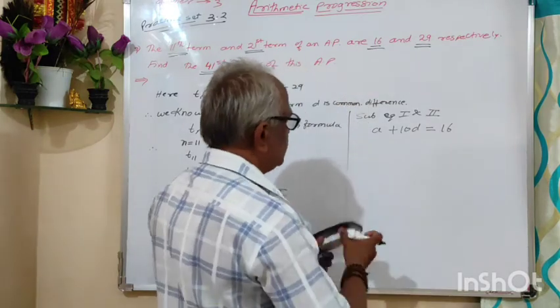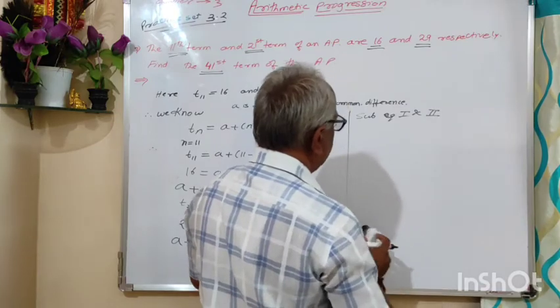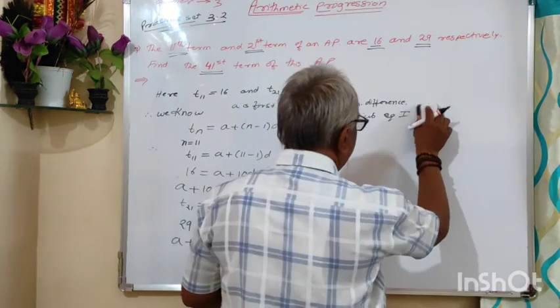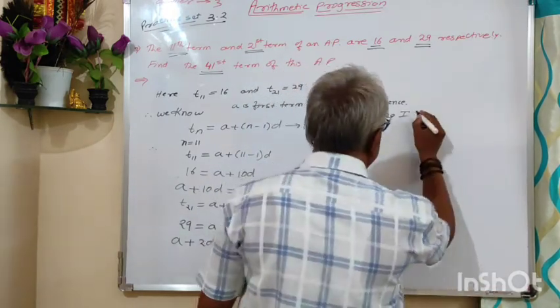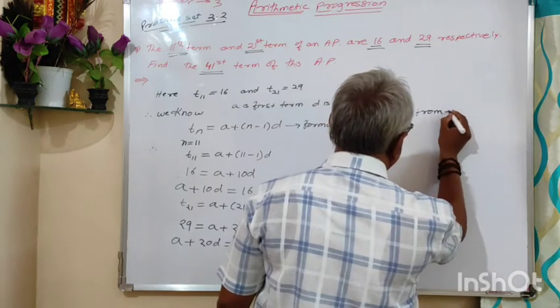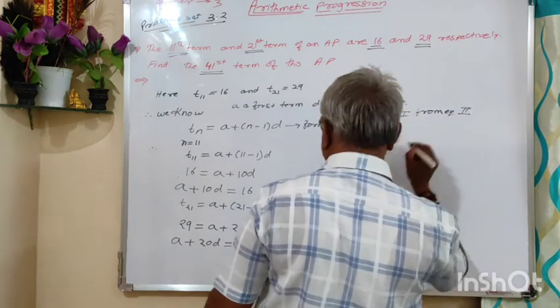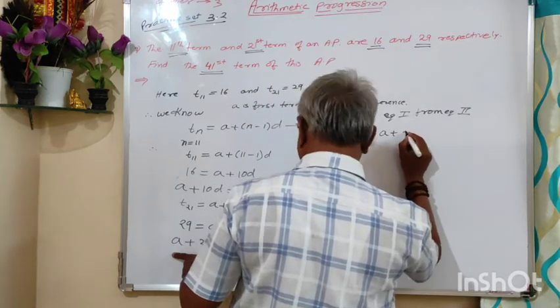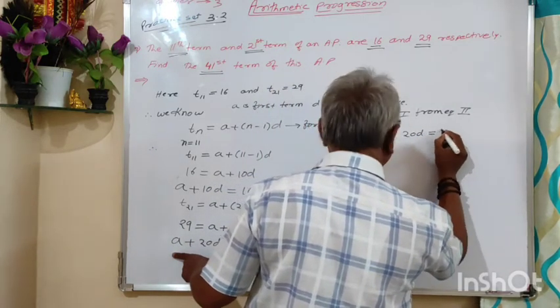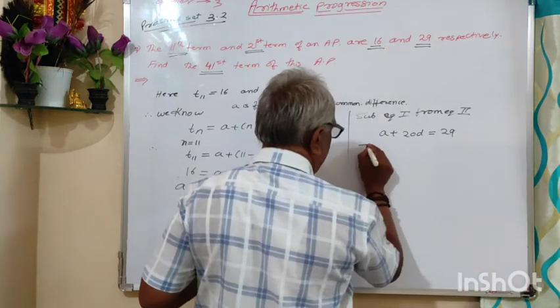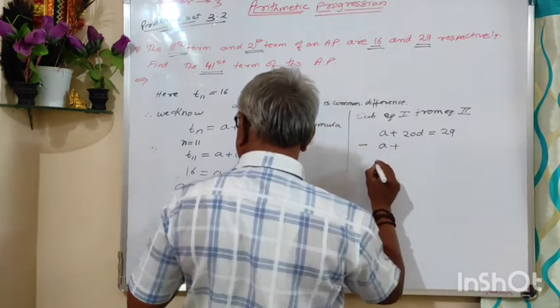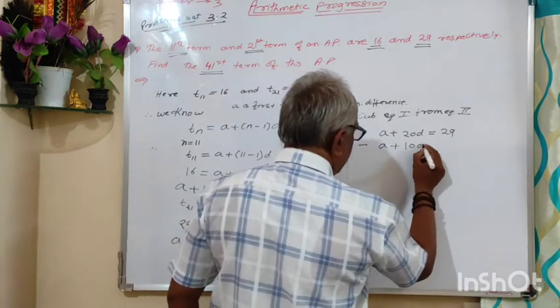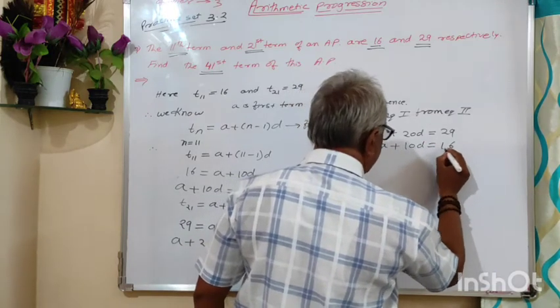You can write in this way. Subtract equation 1 from equation 2. Equation 2 is A plus 20D is equal to 29, minus A plus 10D is equal to 16.